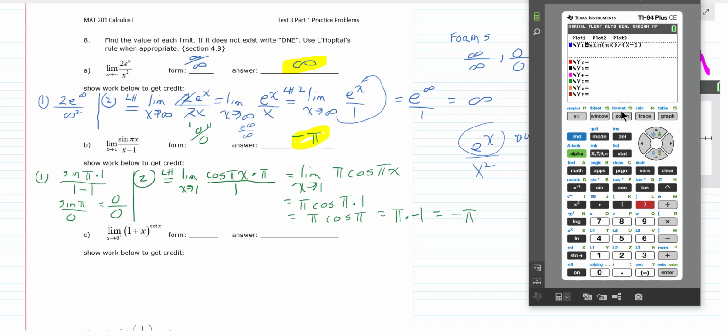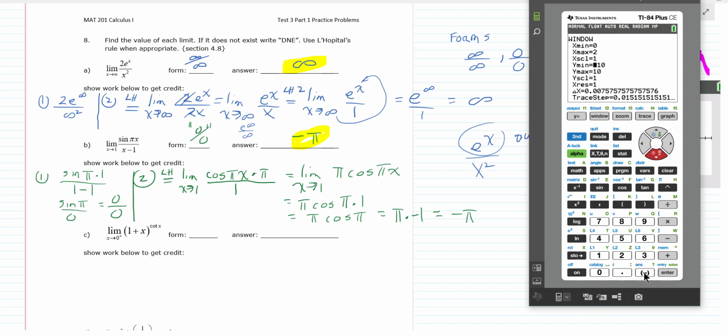Now you could do this in a standard window if you want to, but it's a trig function, so if you just graph it in a standard window, you're not going to see it very well. We're interested in the limit around x equals 1, so why don't we just go 0 to 2? That's all we care about, what's going on when x is 1, a two-sided limit.